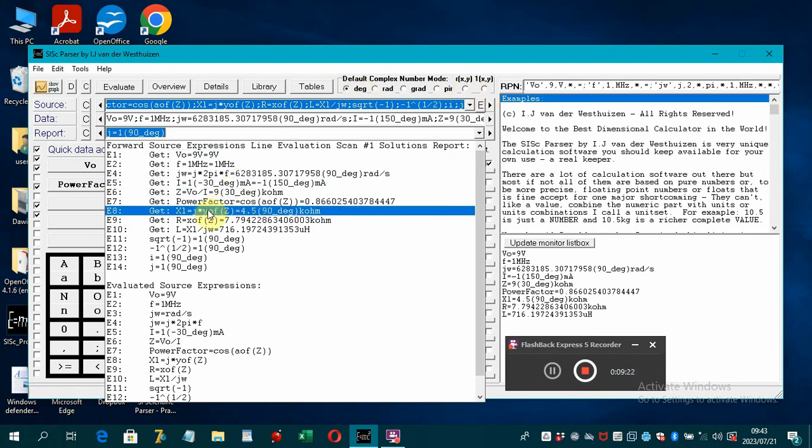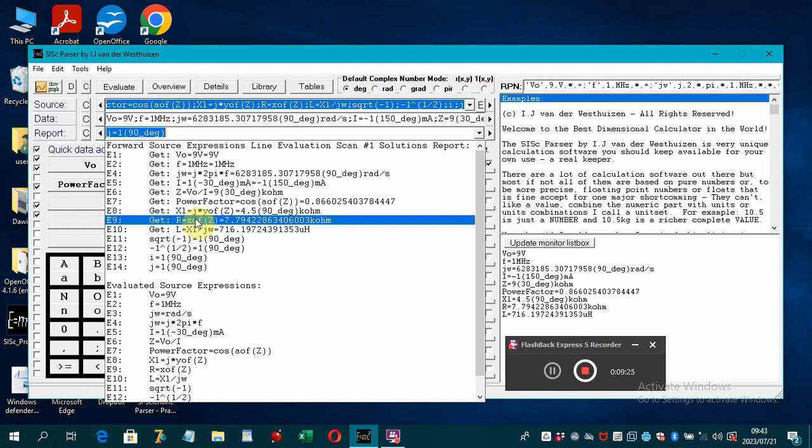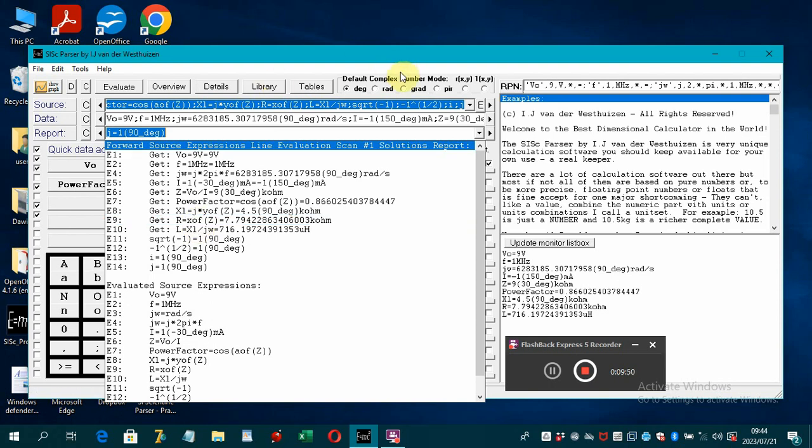But because the type SE values is complex with units, you can see you can do complex mode calculations just as easy as simplex mode calculations. Now, you don't have to set modes for simplex and complex modes on the sys parser, because I've fully integrated complex number mode with simplex number mode. So you basically just type it, and you can be in any default complex number mode.